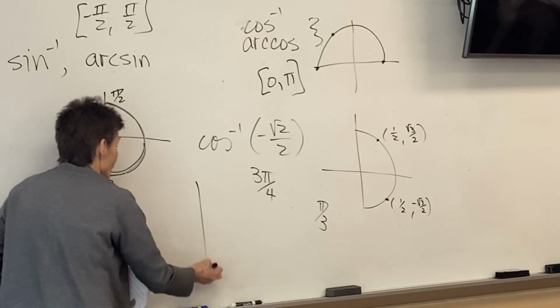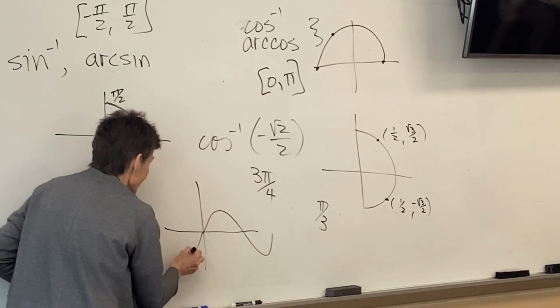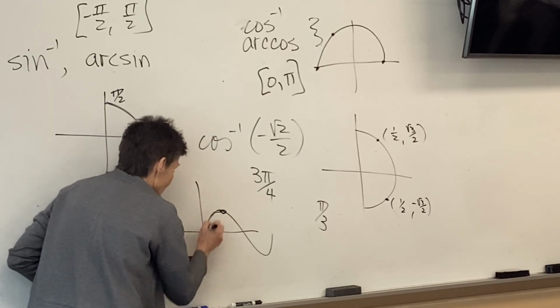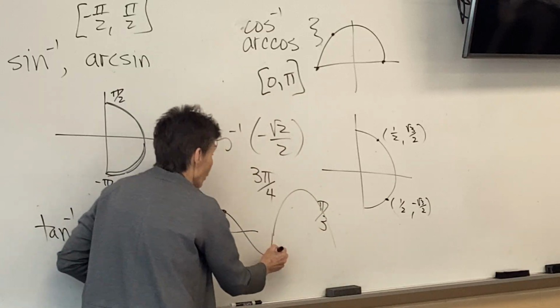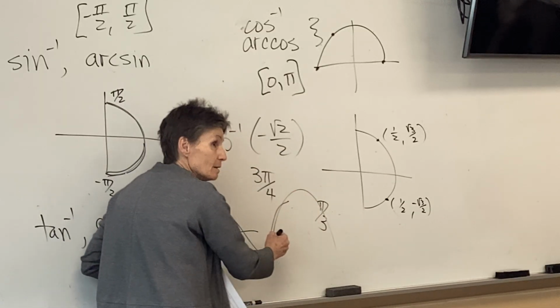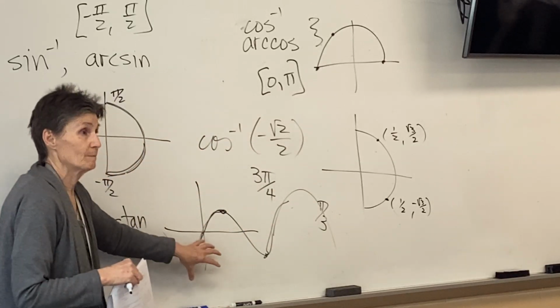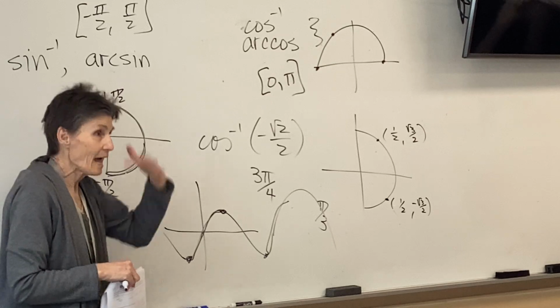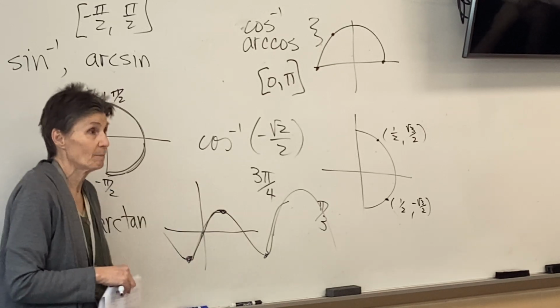Because remember, when we looked at our graphs, Celeste, we said we were going to look from here to here. Now, all that is repeated over here, but that's not the part of the curve we're looking at. We're looking at this part. So whatever you write down as your answer has to be between negative pi over 2 and positive pi over 2.